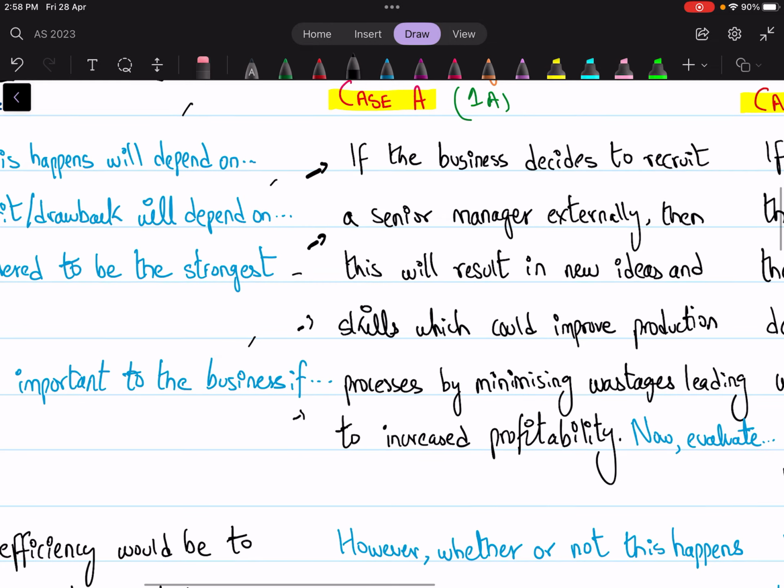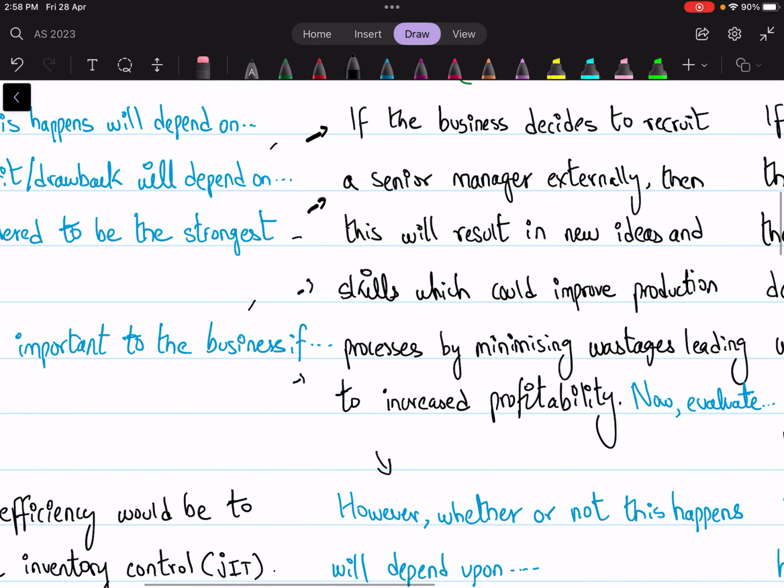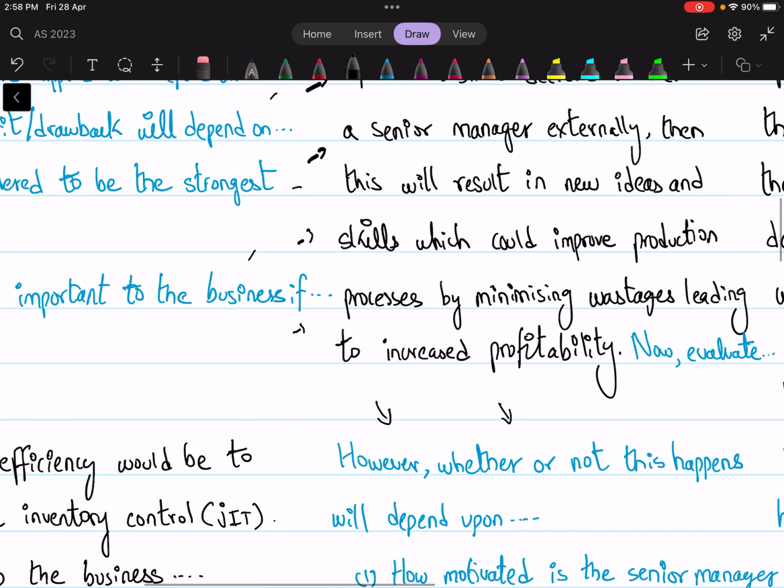I would first mention, however, whether or not this happens will depend upon. What would happen that I may not be able to get the benefit of new ideas and skills from that particular employee? Let's say, for example, whether or not I get the benefit will depend upon how much I keep the new employee motivated in my business.